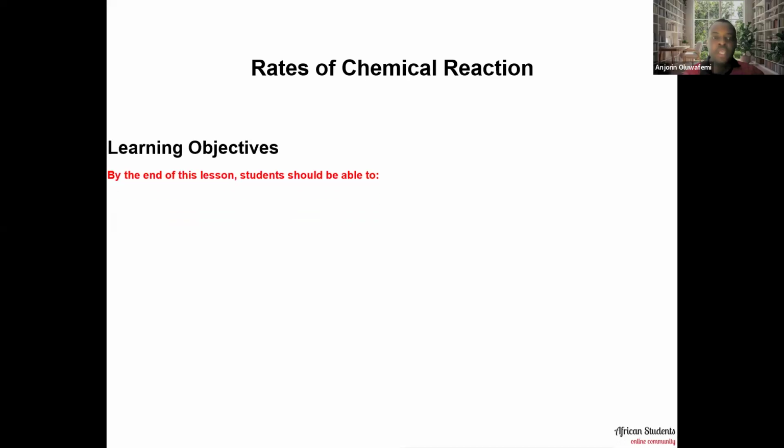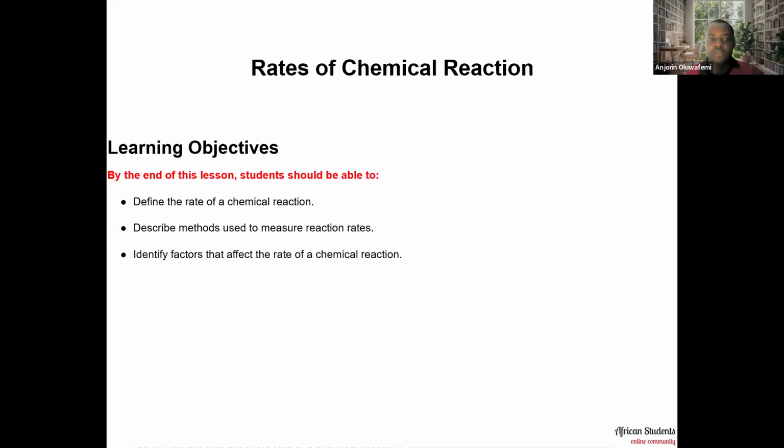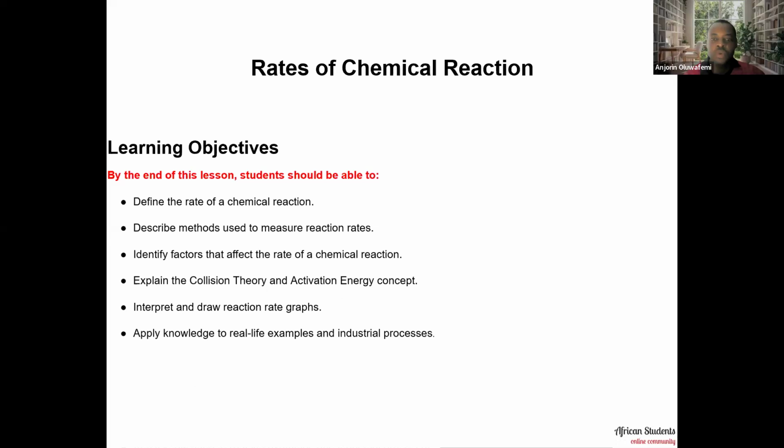It is expected that by the end of this lesson, students should be able to define the rate of a chemical reaction, describe methods used to measure reaction rates, and identify factors that affect the rate of a chemical reaction, explain the collision theory and activation energy concept, interpret and draw reaction rate graphs, and also apply knowledge of real life examples and industrial processes.